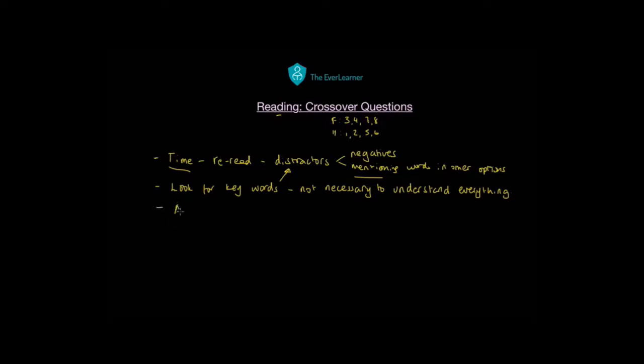Another thing you need to do is always start by reading the title of the question, and then the question and all the options. Why? Because it gives you important information.